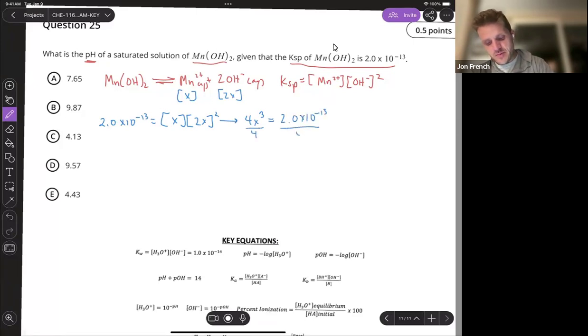All right, divide both sides by 4. I get x cubed equals 5 times 10 to the minus 14. Cubic root.